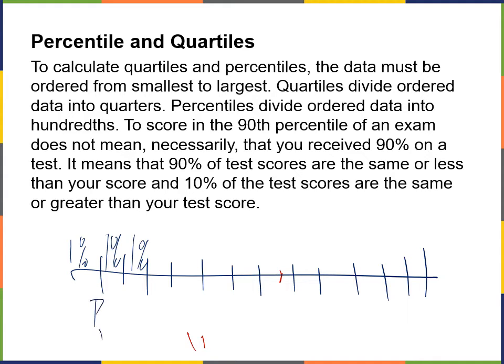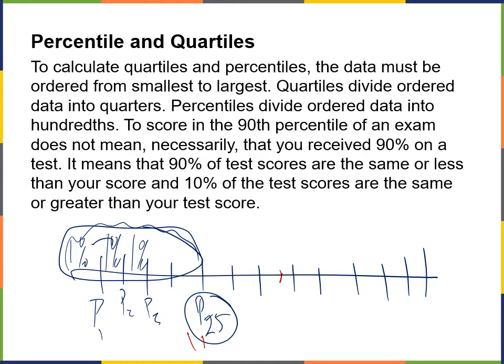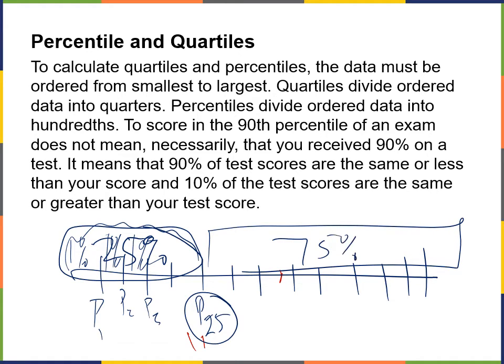This would be P1, P2, P3, etc. If I add up all these percents and get all the way to P25, P25 would have 25% of my data here, and then 75% of my data would be here. Well, that's the same thing as Q1. Then Q2 and P50 would be the same, and Q3 and P75 would be the same.